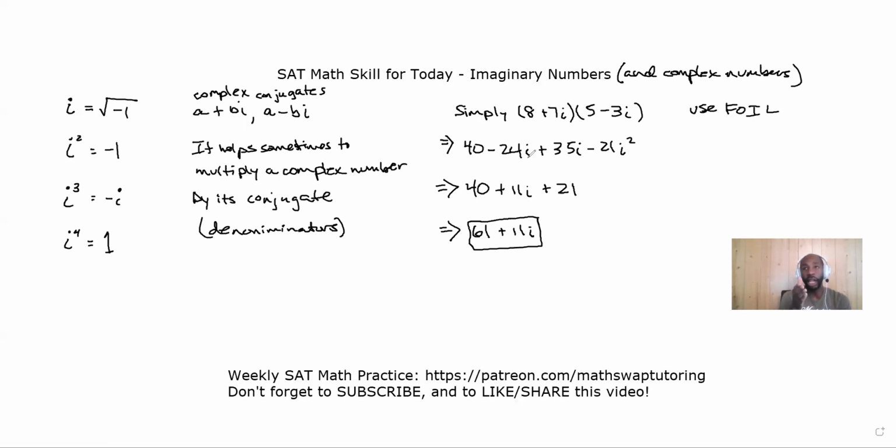Keep in mind that you'll multiply something by its conjugate to get rid of it in the denominator. Very important. But whatever you do to the bottom of a fraction, remember you have to do it to the top. Whatever you do to a numerator, you have to do to the denominator as well.